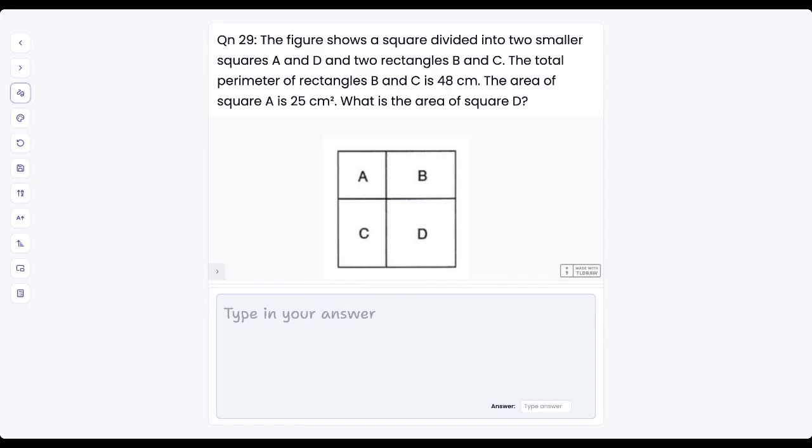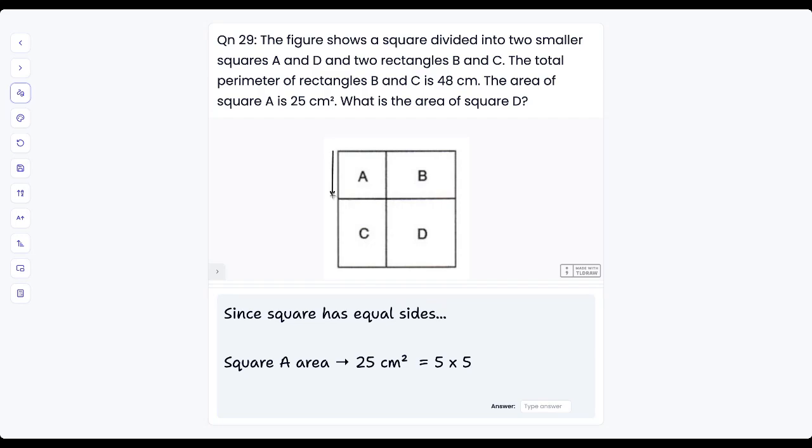Since square A's area is equal to 25 centimeters squared, which is also equal to 5 times 5, pretty straightforward. Since squares have equal sides, now we know that A over here is 5 centimeters. So I'm going to write here 5 centimeters.